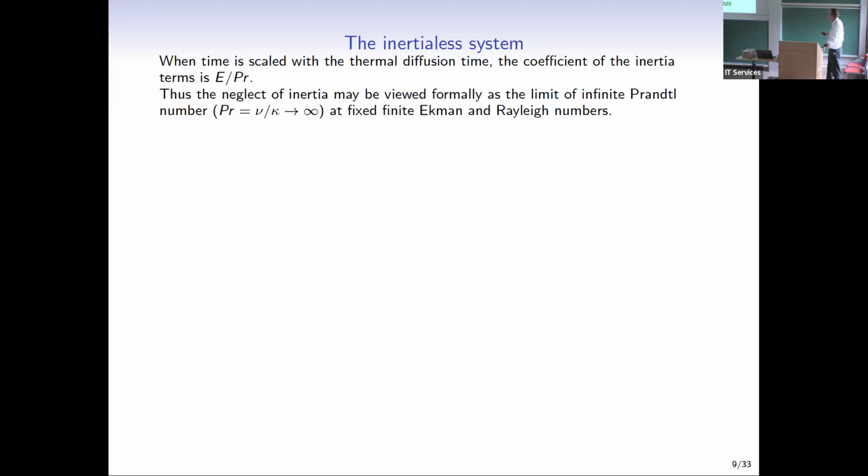Okay, so mathematically, you can think of neglecting inertia as infinite Prandtl number convection. And it's sometimes billed as infinite Prandtl number convection. Slightly misleading in a way, because people then start saying, but does that mean your viscosity is infinite and things like that? And the answer is no, it means the Prandtl number is infinite. But what it really is, of course, is a small Rossby number expansion. That's really what it is.